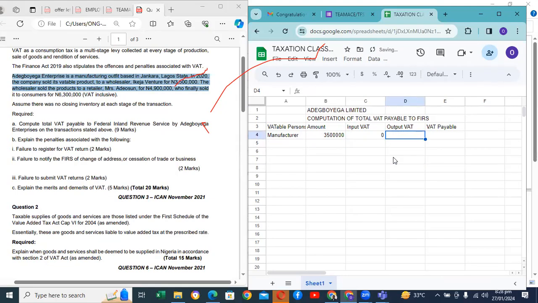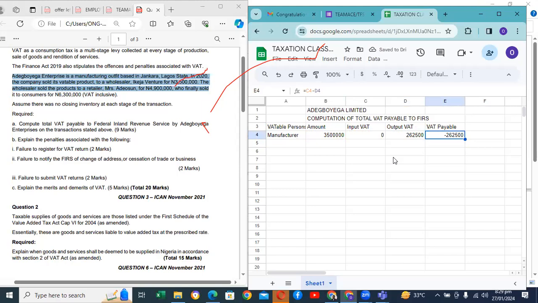Then output VAT, we said it is on what you sell. So we have 7.5% on 3.5. The VAT payable will then be 0 minus the output VAT.